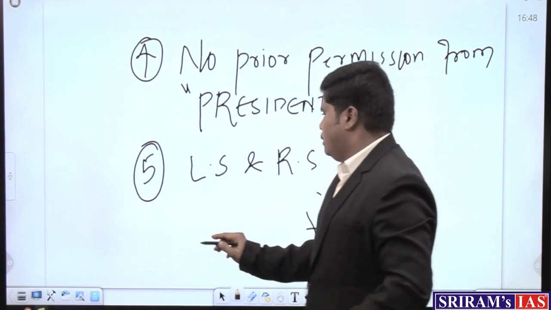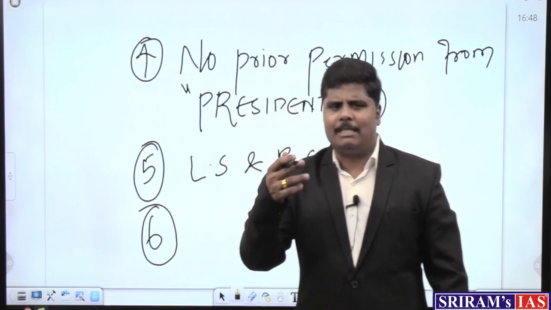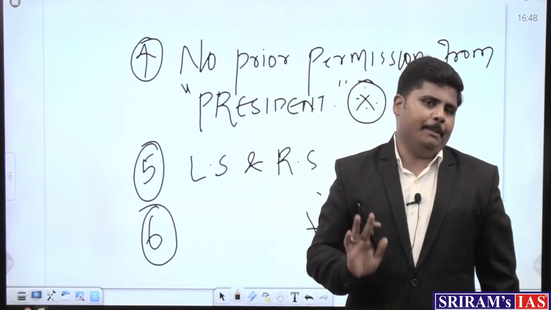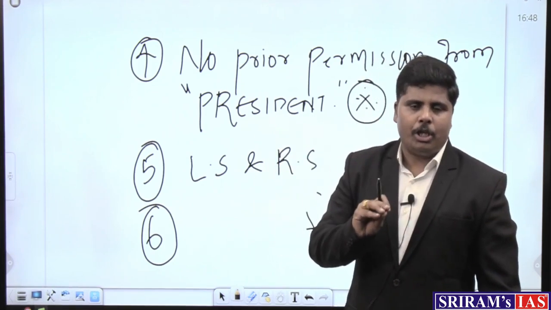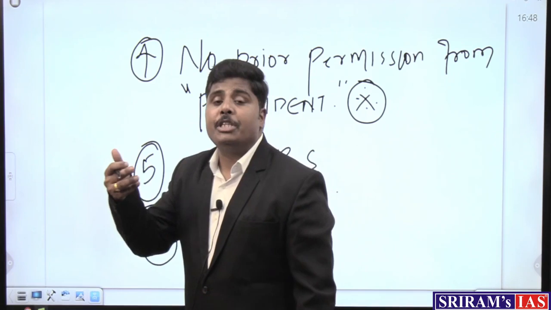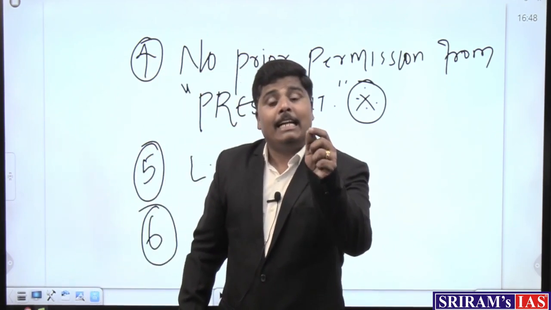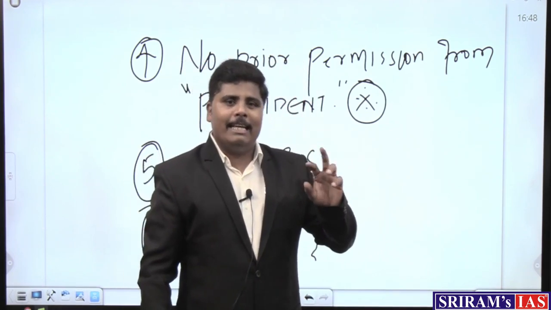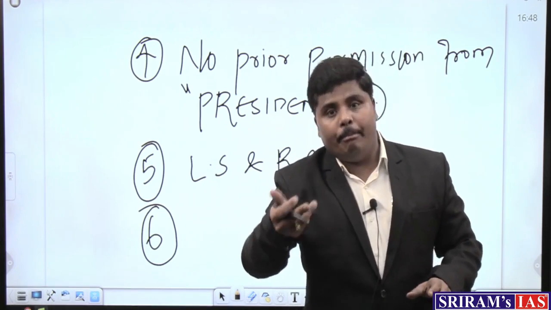Next one, that is point number 6. Sir, Lok Sabha has passed the bill. Rajya Sabha has passed the bill. Now what will happen? There are certain types of bills in which you need to get the permission from the states. Here I am not saying state government, I am saying state legislature. So state legislature, you all know, is a place where the laws are being made.